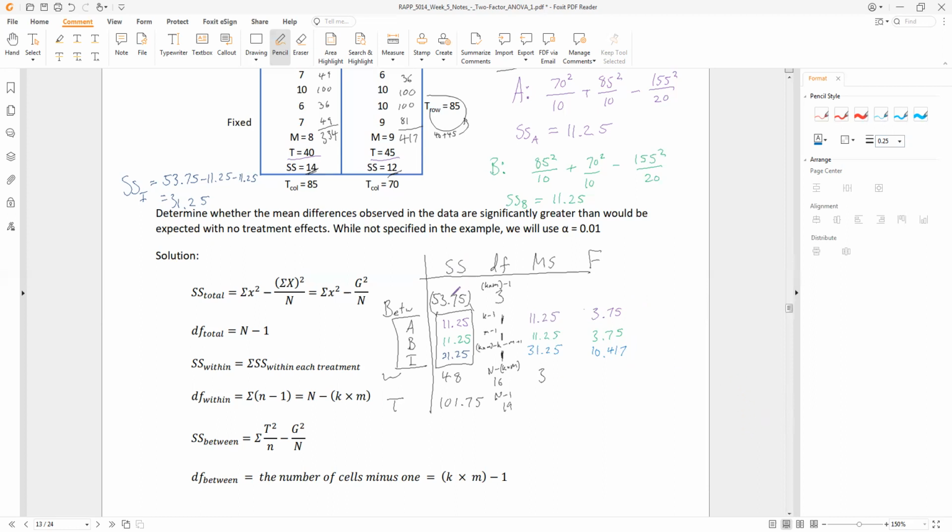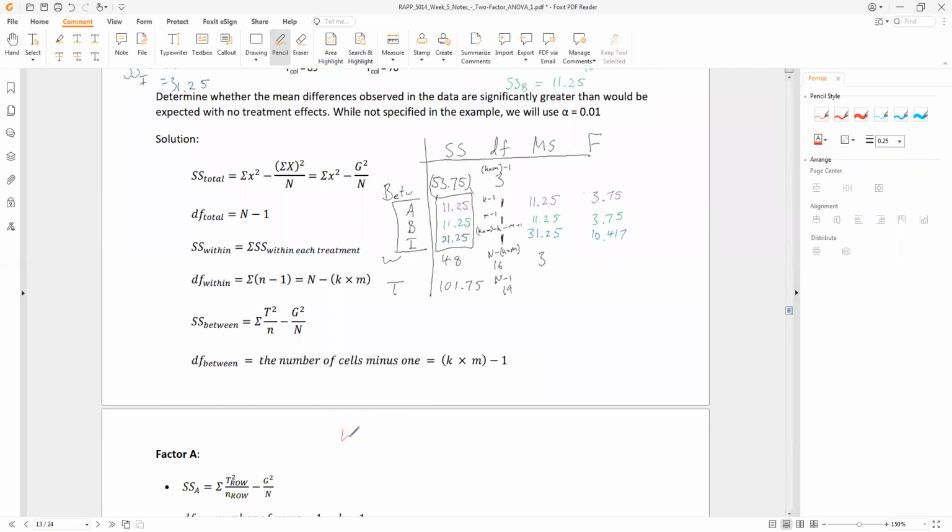Now, in this example, the degrees of freedom for the numerator was the same for all 3 of these, but that does not have to be true, right? You can imagine a situation where, for example, we had 4 rows and 3 columns.